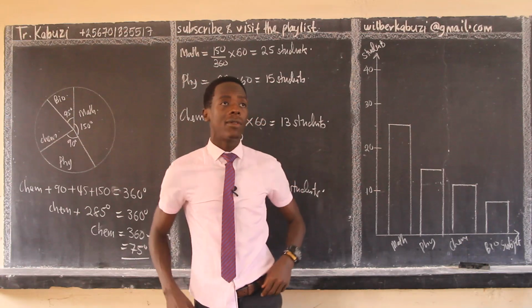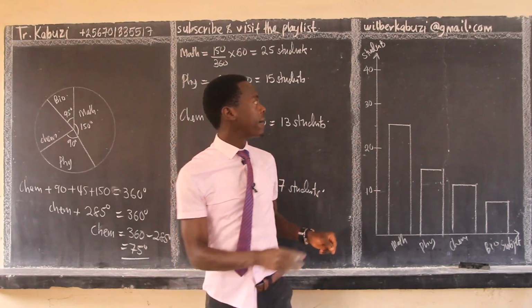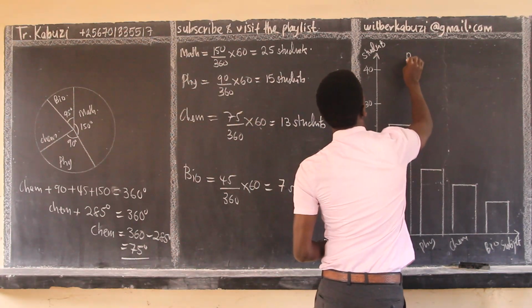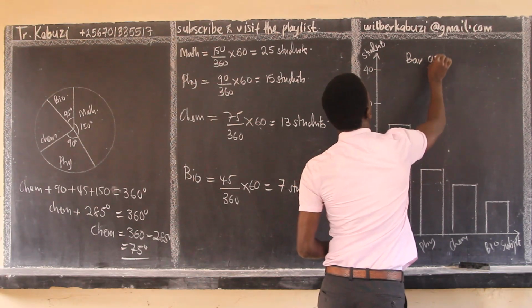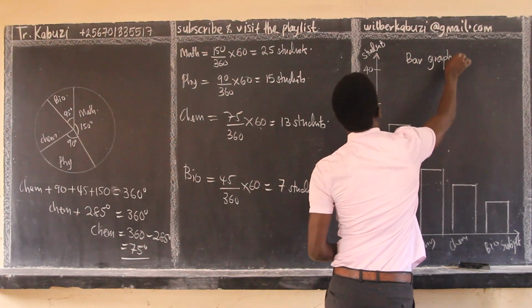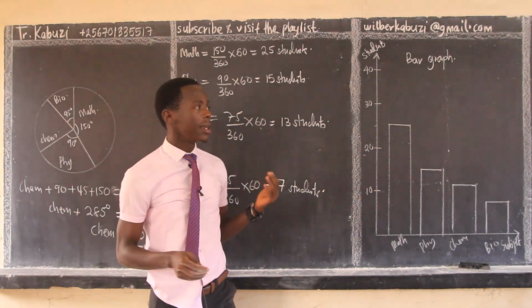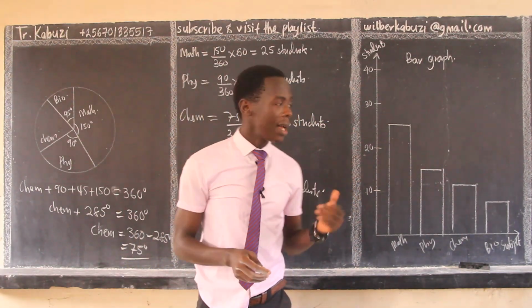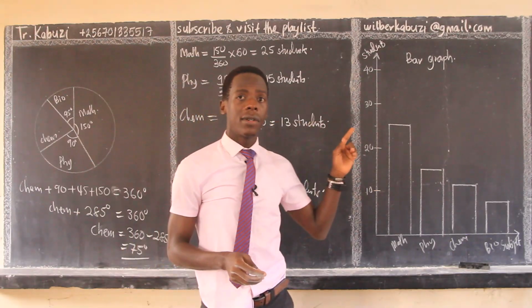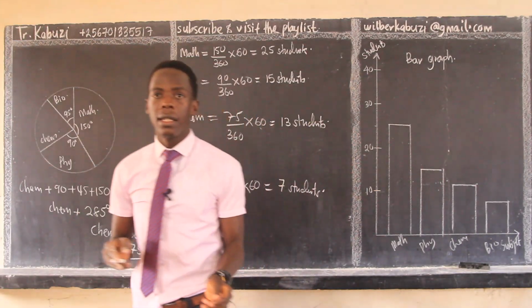That is when we are handling the bar graph. So here you can put that I'm drawing my bar graph. Remember, this one is from data and probability, where the title is very important.